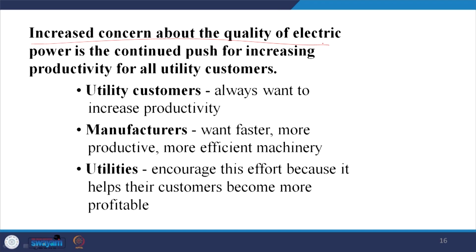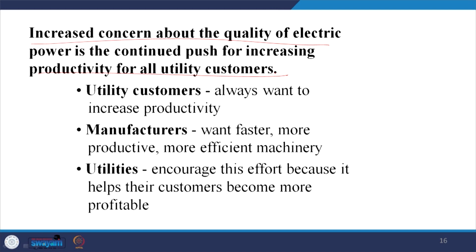The increased concern about the quality of electric power continues to push for increasing productivity for all the utility concerns, because if you have bad quality power, your industrial production will go down, your production cost will be hampered and your labor cost will increase. So, ultimately there is a cascading effect.